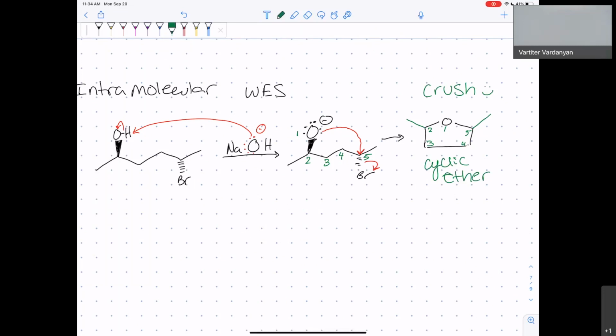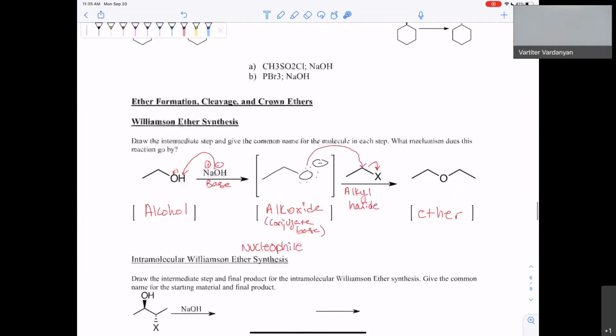Again, this is just arbitrary naming. I just did this because I want to remind you that the oxygen is in the ring. But you're right. If we were doing IUPAC naming, we would start with one of the carbons.